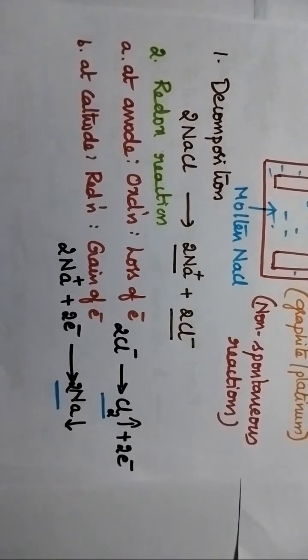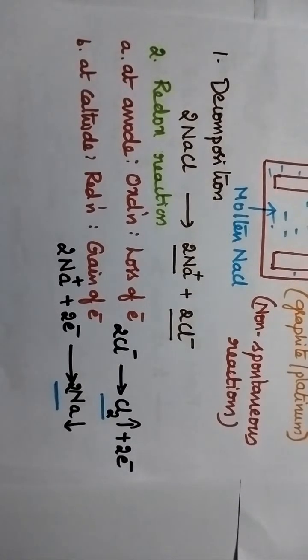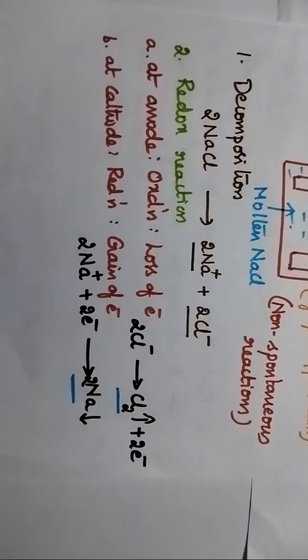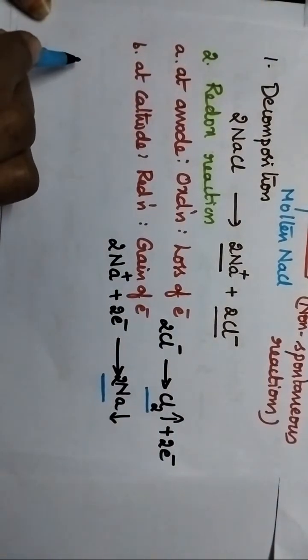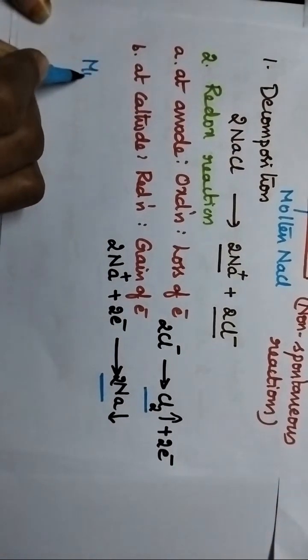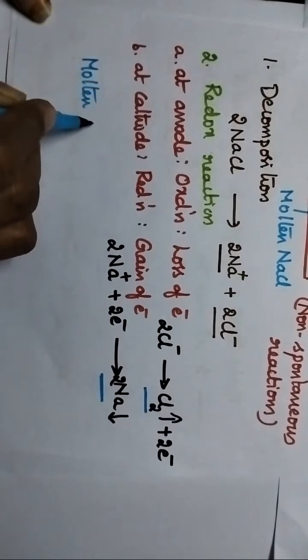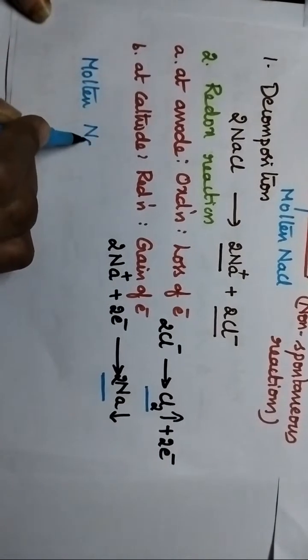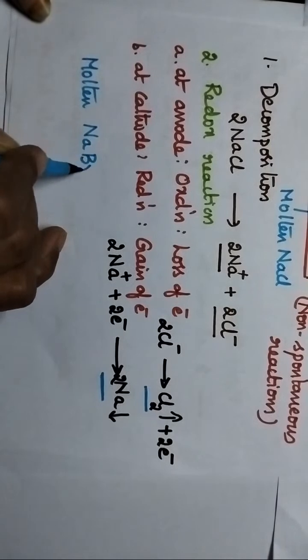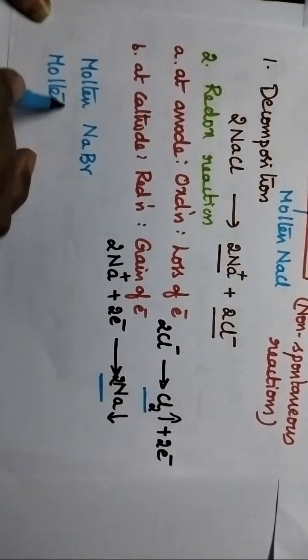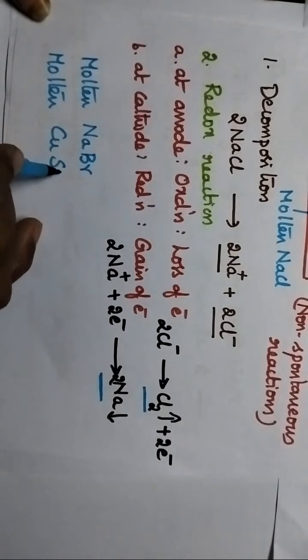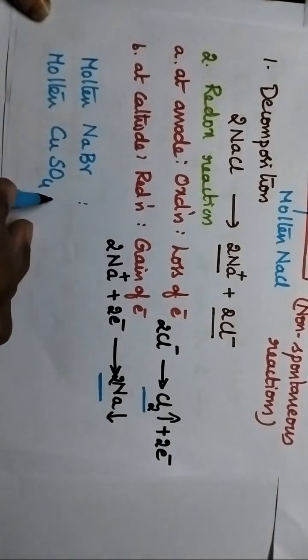Is it clear about the electrolysis of molten or fused NaCl? Let us see a few more examples. What are the products formed during the electrolysis of molten NaBr, and also during the electrolysis of molten copper sulfate?